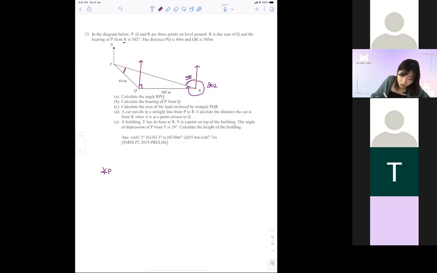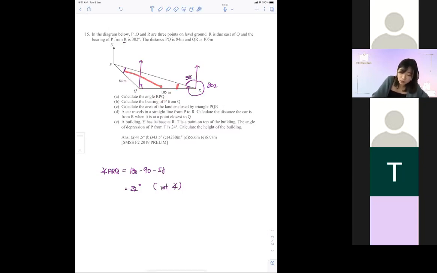So angle PRQ is 180 minus 90 minus 58, which is 32. Okay, this is because of interior angle. Then it doesn't look 32. Okay, never mind. Now that we have this angle, you can use sine rule.